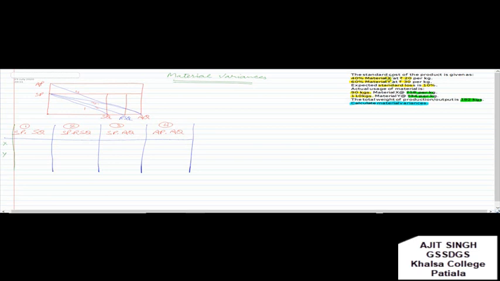But standard quantity is not given. Let us write it. Actual quantity is to be used in these two columns.